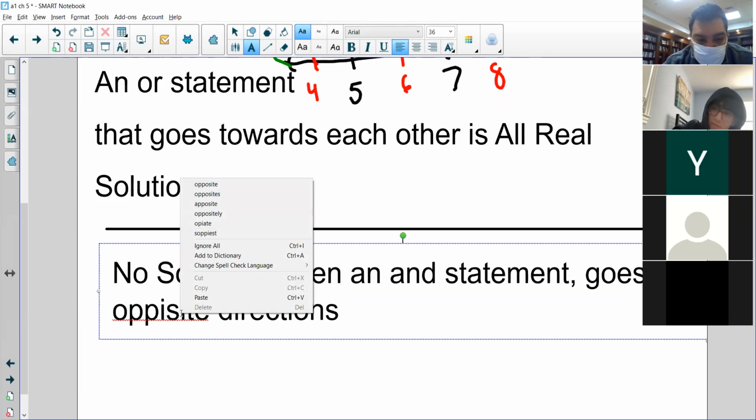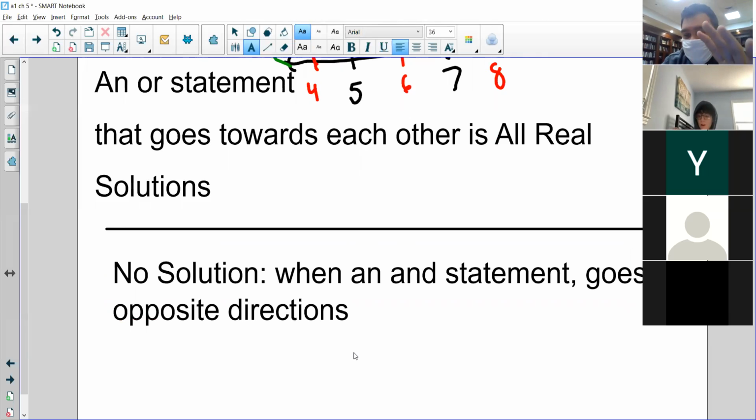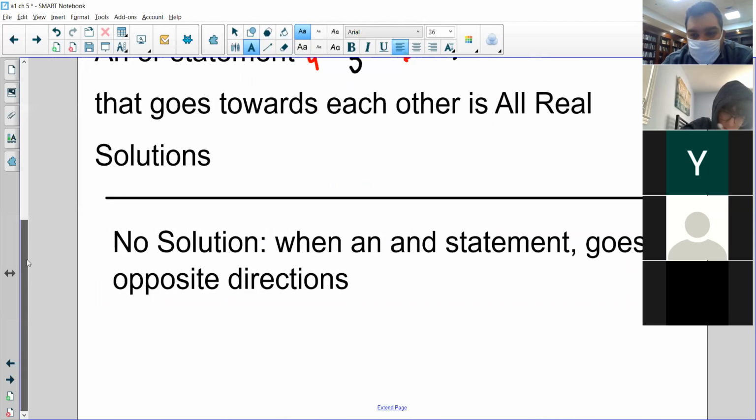Wait, so all real solutions? Craig, I said that first and then you said that. It's not a competition. I was just testing your brains. Go ahead, Mr. Tolbo. So all real solutions is only when you give us an or problem that goes together, and the no solution is when the and one goes in opposite directions.